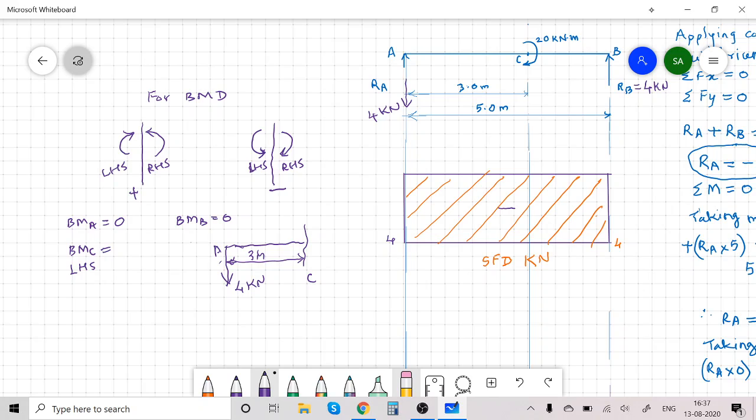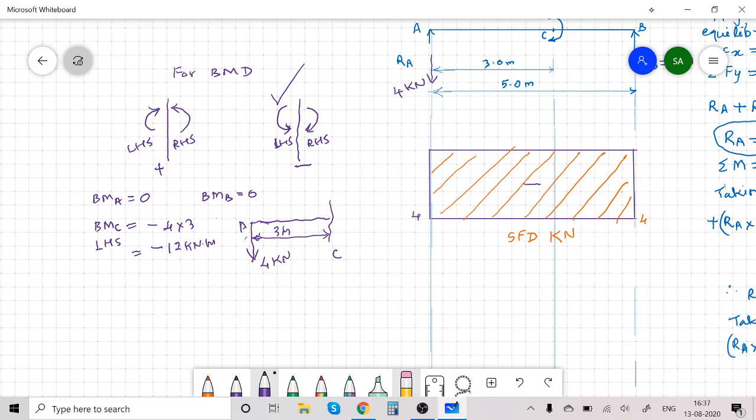So bending moment at C due to this 4 kilonewton RA, 4 into 3, that is 12, but remember it is anti-clockwise on left hand side, so it is negative. According to our sign convention, it is now minus 12 kilonewton meter.